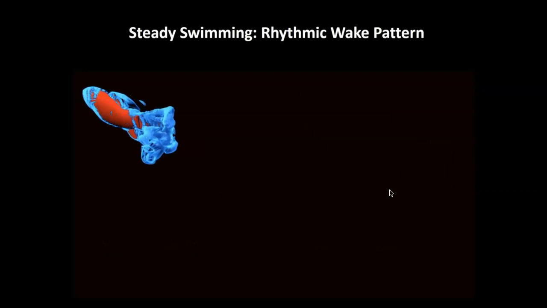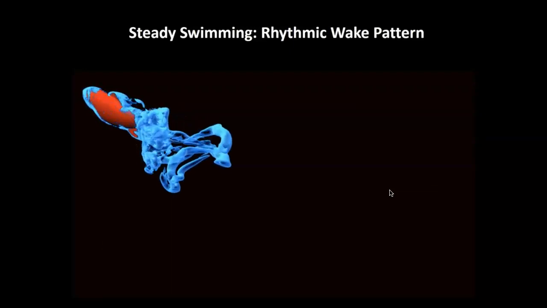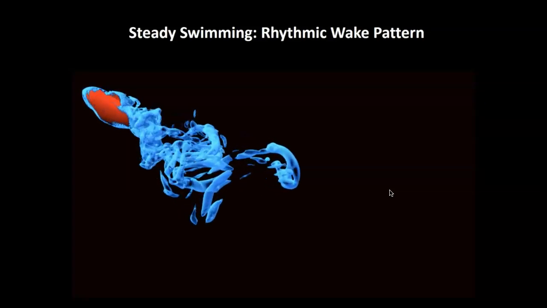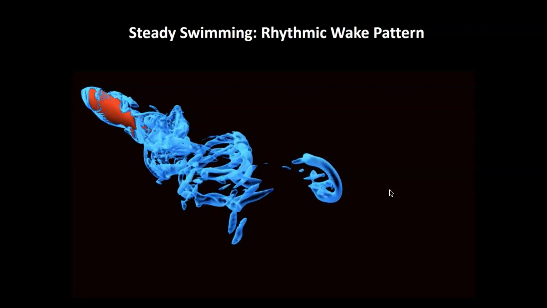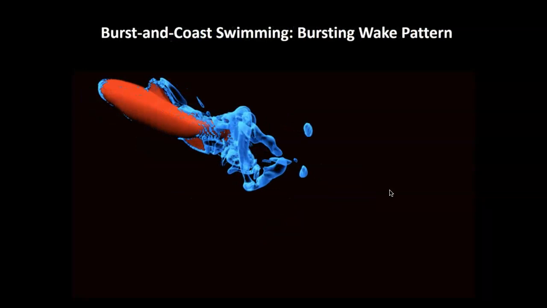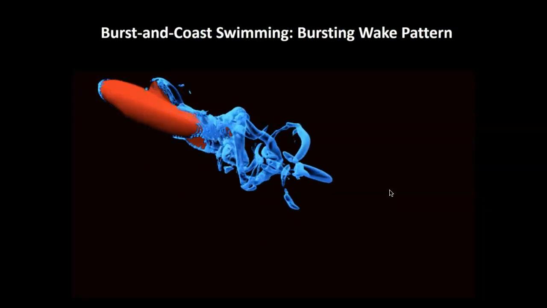They looked at the wake pattern in the water behind the fish. You can see steady swimming produces a rhythmic wake pattern. And then you'll see more of a bursting wake pattern in these burst and coast swimmers.